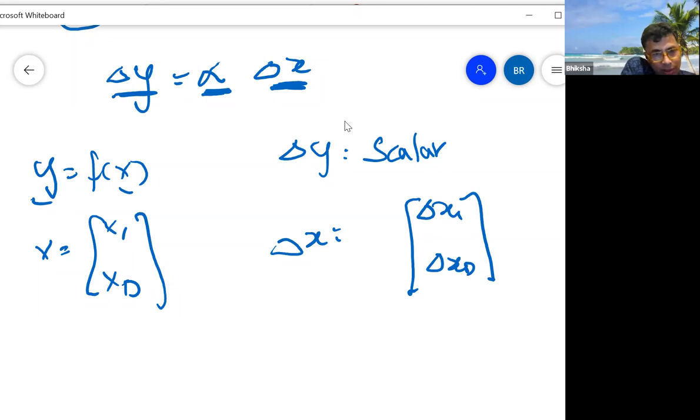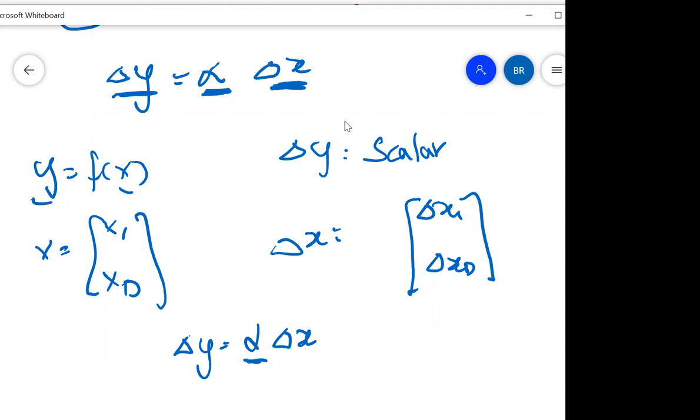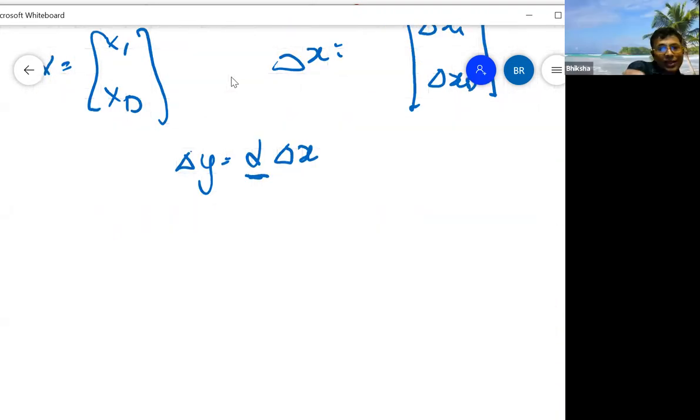By definition. So if I say delta y equals alpha delta x, what can you tell me about the shape of alpha? That will be a row vector. It has to be a row vector, right?